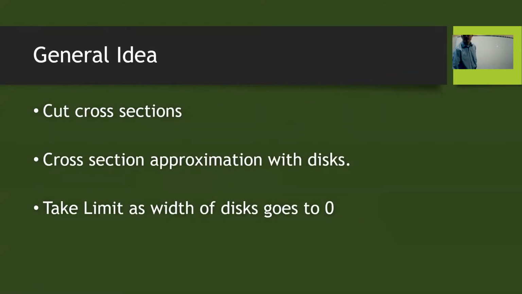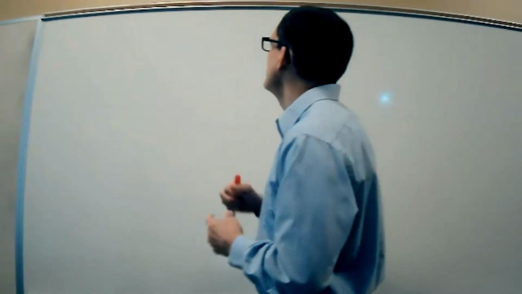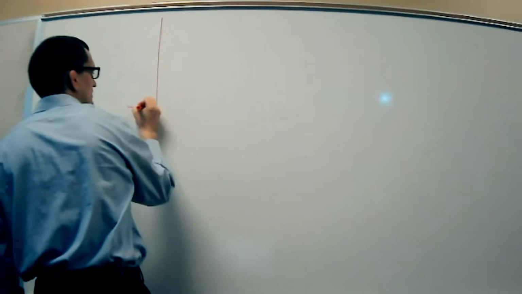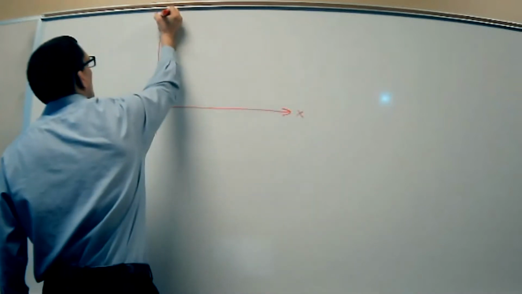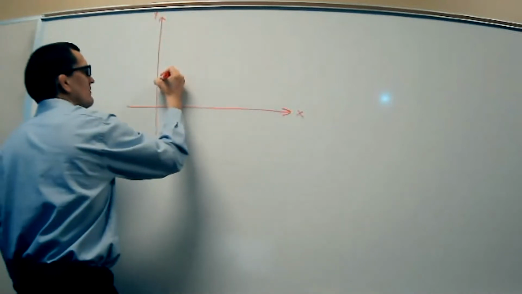Okay? Now, let me draw that on the board just so you can see that. Hopefully we got the board here. So let's pretend we have, this will be my y-axis, this will be my x-axis. And we have some sort of a curve.